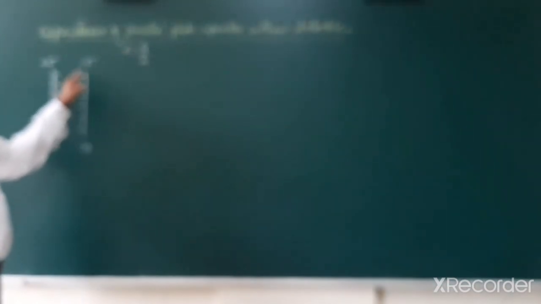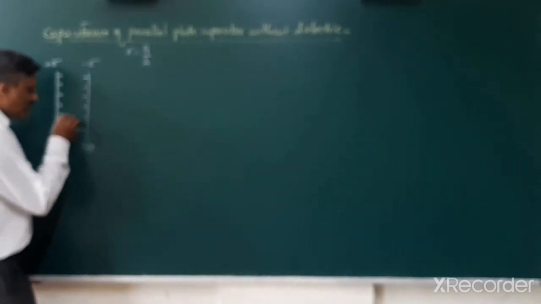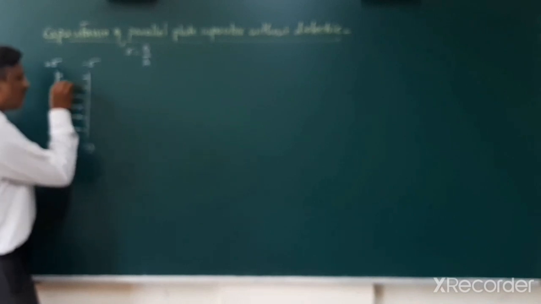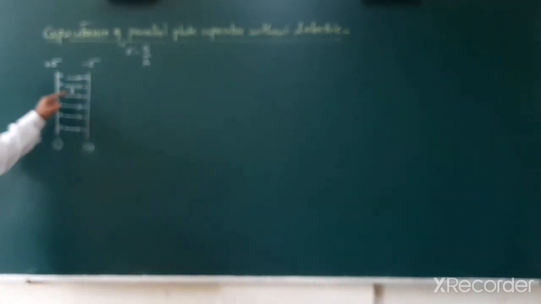Here the charge is negative, so sigma is also negative because Q is negative. The electric field inside the two plates is in this direction, shown by parallel lines. Remember that electric field, nothing but electric intensity, is a vector quantity.